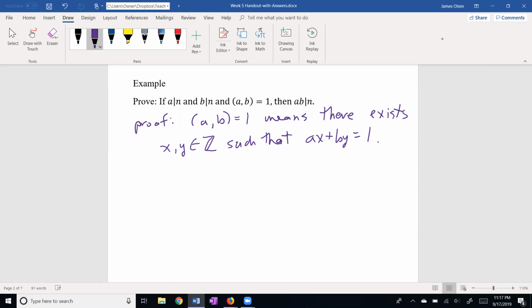Now let's take our next piece of given information. A divides N, and apply the definition of divisibility.